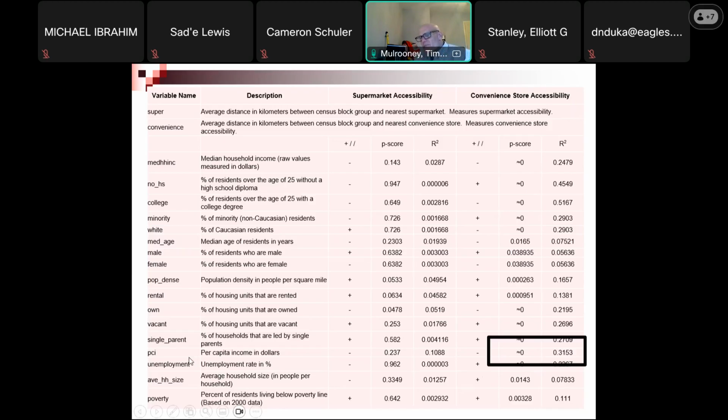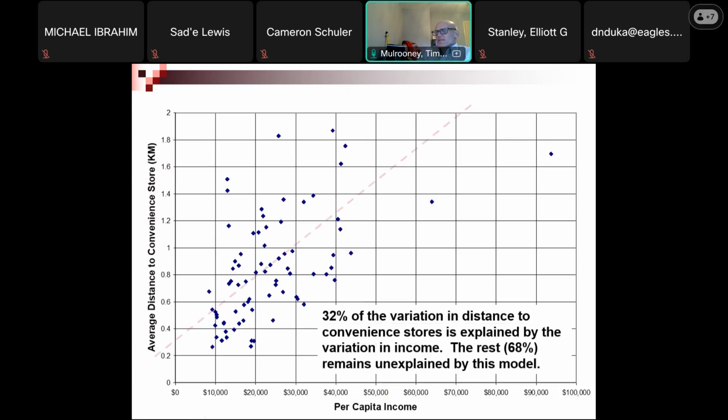Like per capita income basically means as per capita income increases, availability decreases, or vice versa. So now what we're looking at here is that about 32% of the variation in distance to convenience stores can be explained by income. Well, that's pretty deep.